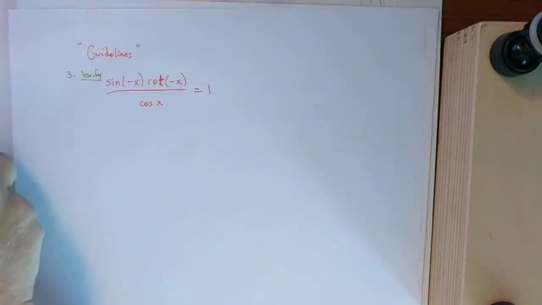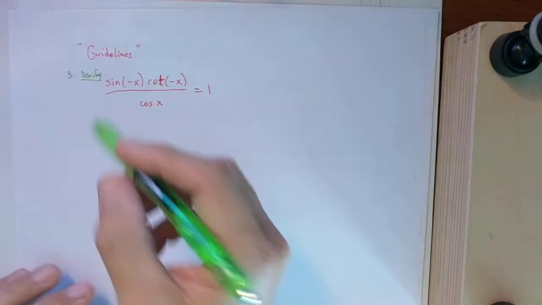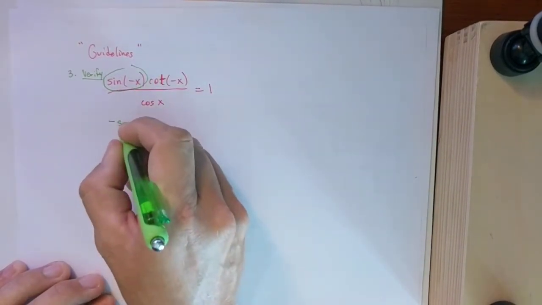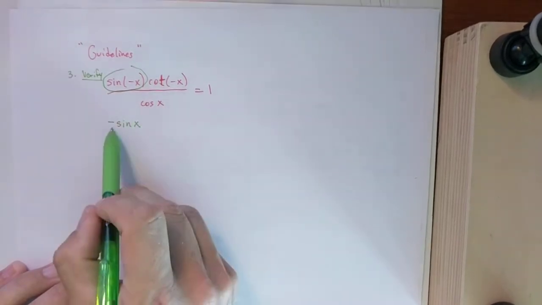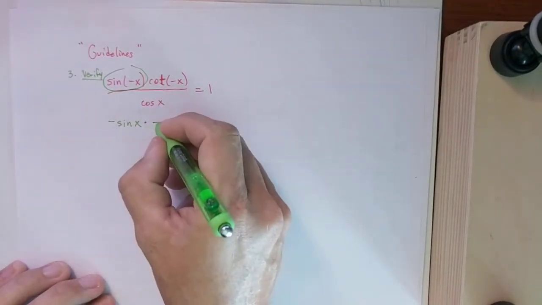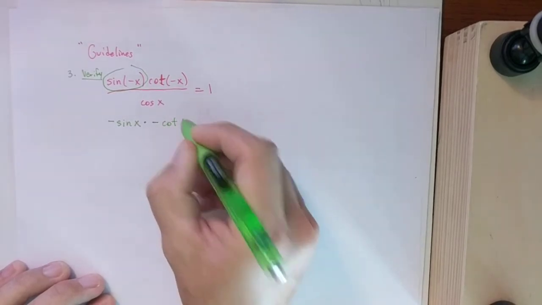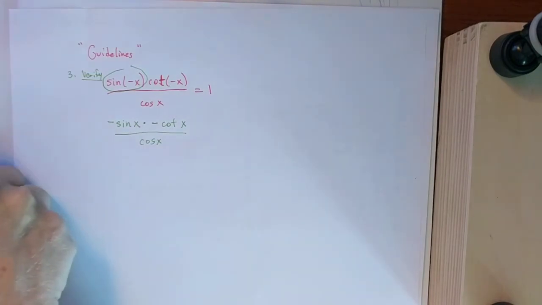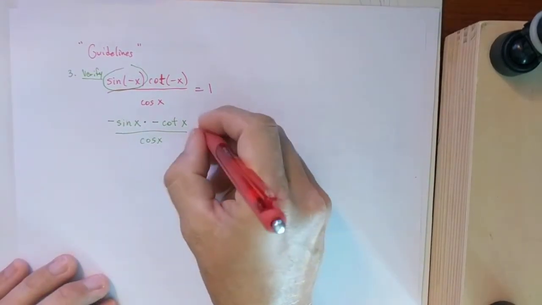All right, without any further ado, we're going to rewrite this in terms of sine x. Let's use the odd identity. Cotangent is also odd, so that's going to be negative cotangent x over cosine x. Right now I'm going to say, does this equal 1?